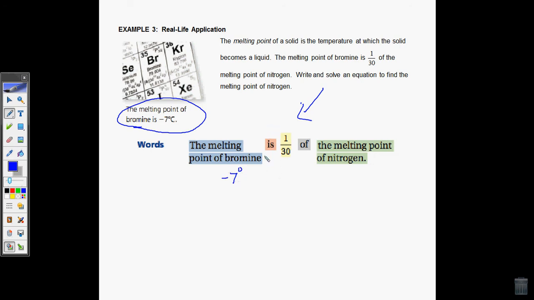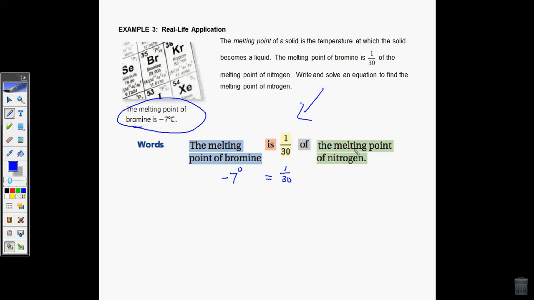Alrighty, now as I move down this equation, melting point of bromine is. The word is an indication for equals. Right? If something is something else, something is equal to something else. 1/30th, that can stay because that's just a number, of the melting point of nitrogen.